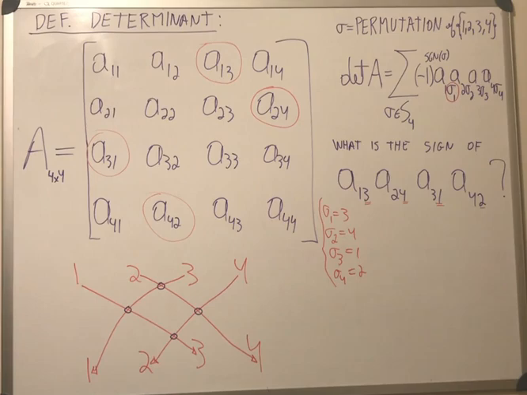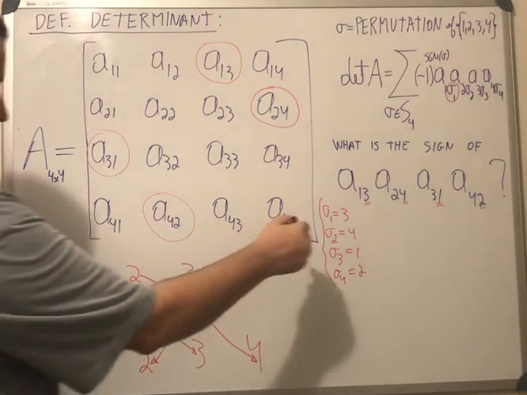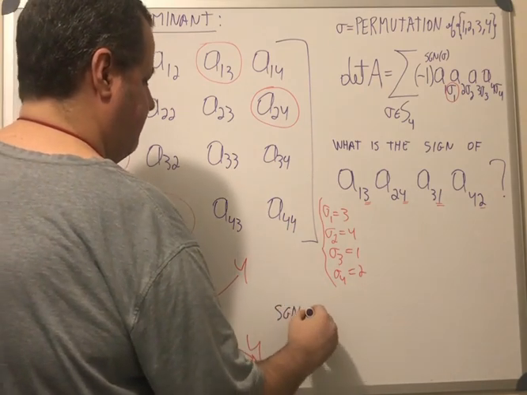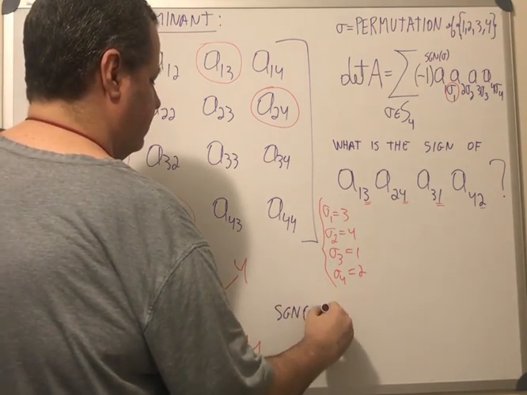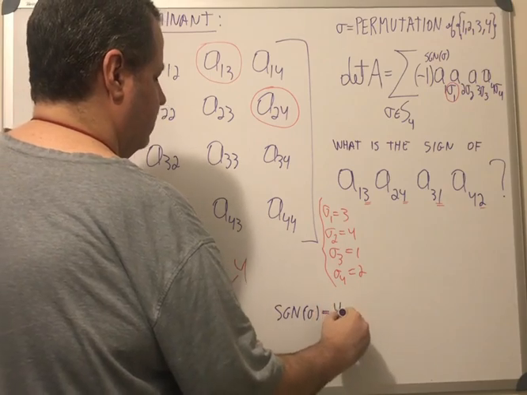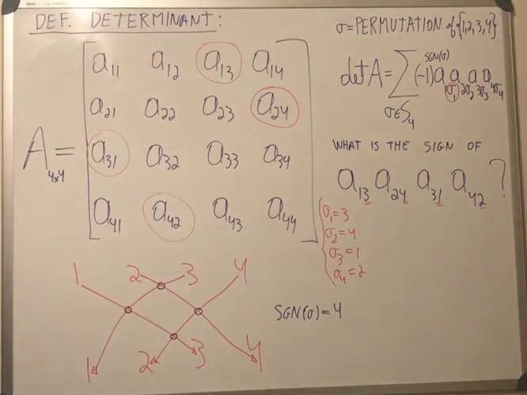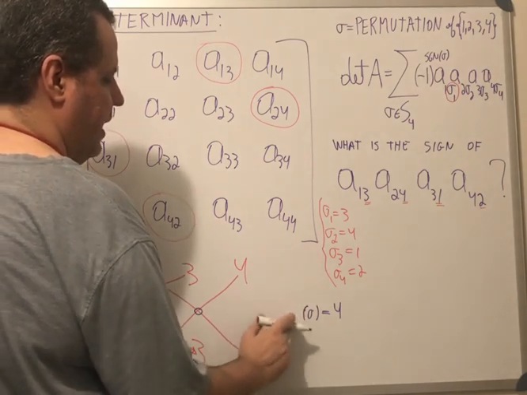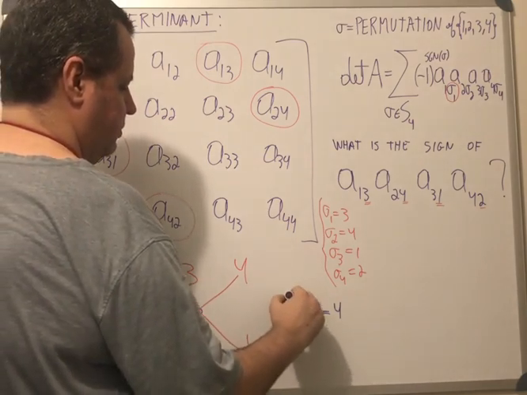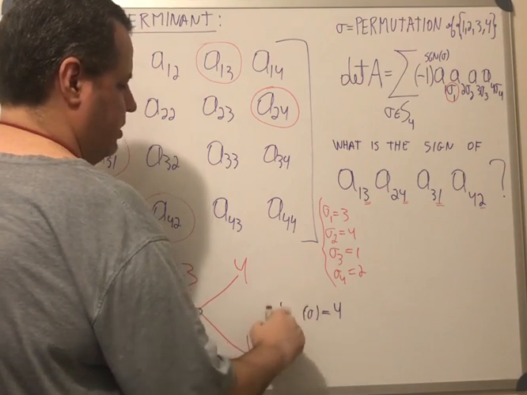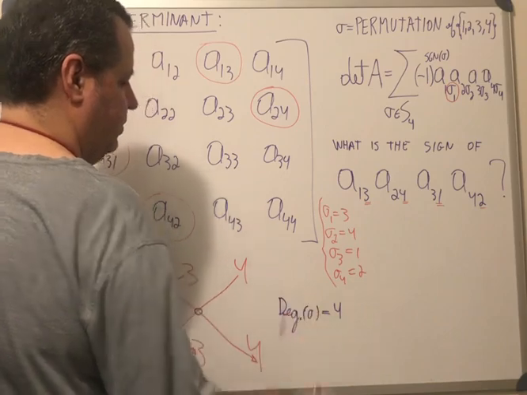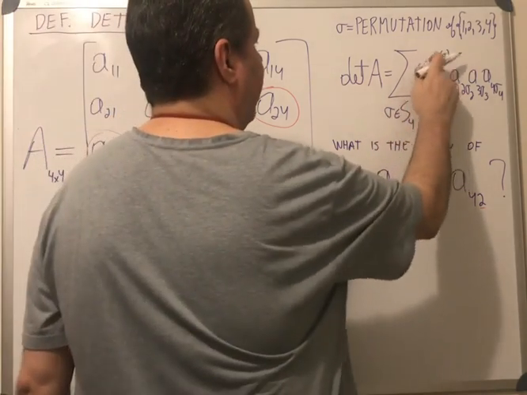Okay? So that means that for this particular permutation, the sign, I probably should say the degree of the permutation, yeah, I think degree is probably better, instead of sign here.